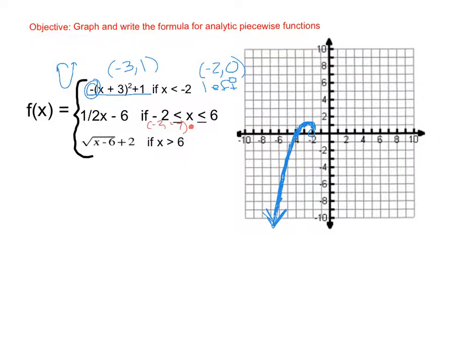Closed circle. Plug in 6, and I get 3 minus 6, which is -3. Another closed circle. So -2, 7. So we're up here. And 6, -3.